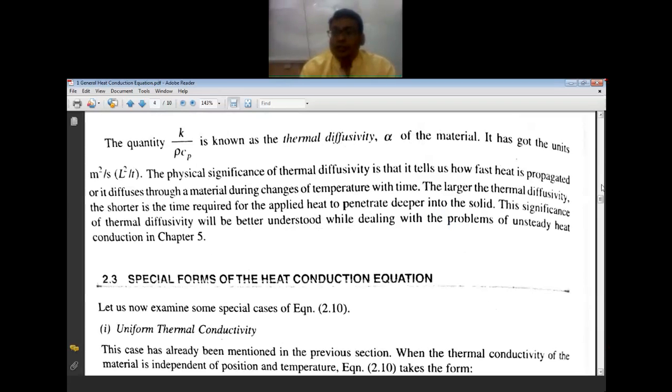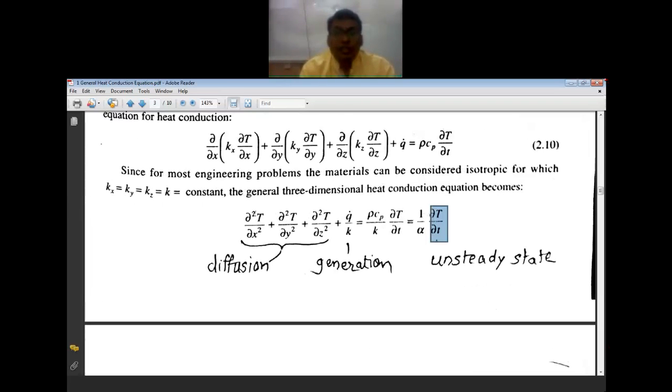So now the three terms are the diffusion term, the generation term, and the unsteady state term. Out of this, I will consider that if it is a steady state, this term will go to 0, and my remaining equation will be only this one. That is one condition. The second condition is that the generation term is 0: there is no heat generation or heat consumption.